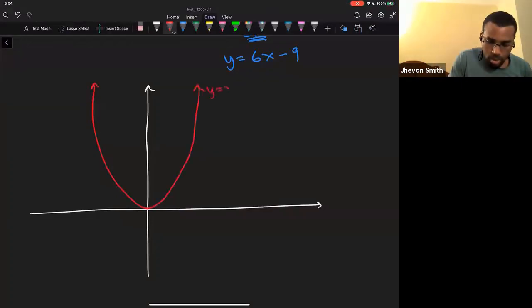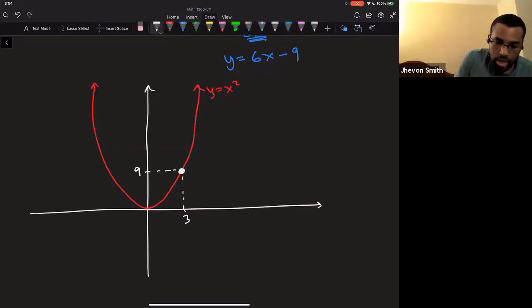So here's y equals x squared. Now, someone told me, okay, I care about the point x equals 3, which is right here. This is at the point (3, 9).